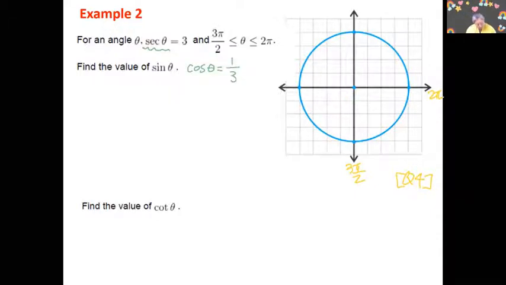Then again, we can still utilize the same reference right triangle in quadrant 4. So let's say the terminal side is somewhere in quadrant 4.